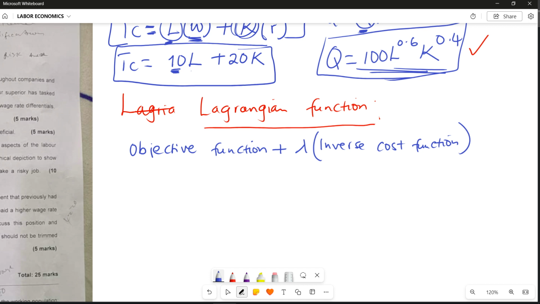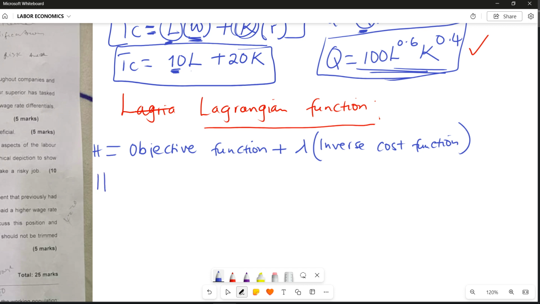This objective function we can give a letter, let's say H. So H is equal to the objective function plus lambda multiplied by the cost function. That is a Lagrangian function.